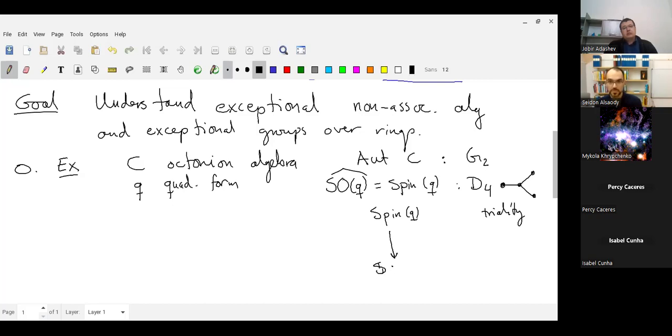to 2 copies of the unit sphere. So the unit sphere is the set of all x in C such that Q of x is equal to 1. If you view these algebraic geometrically as schemes, you can see this as a homogeneous space.